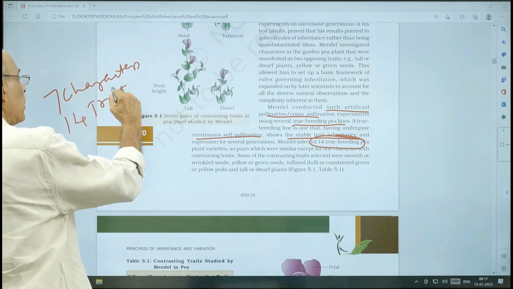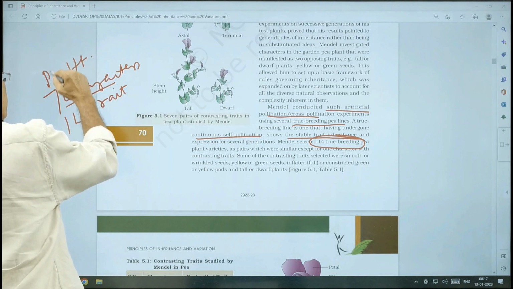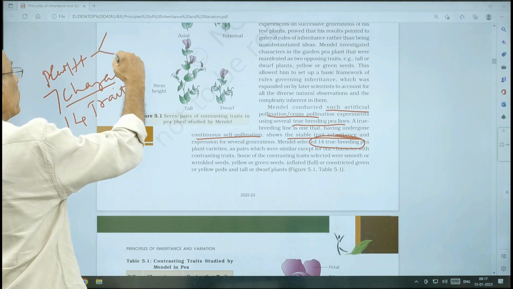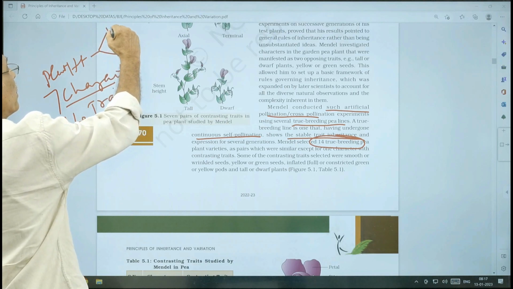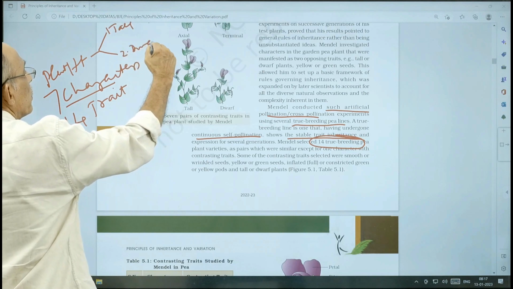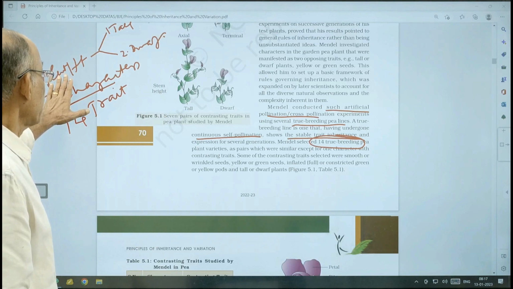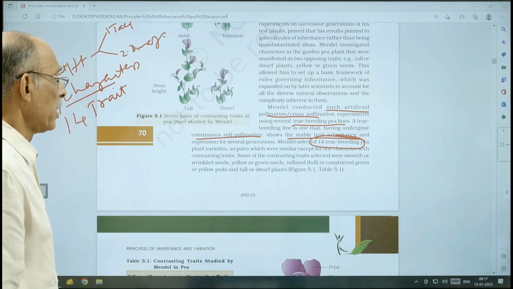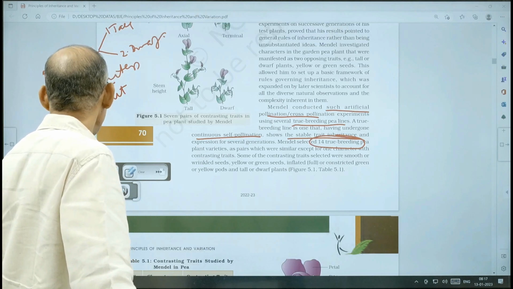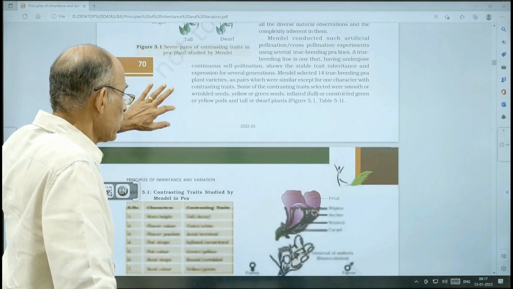For example, plant height is the character, and it has two traits: one is tall and another is dwarf. So like that, Mendel raised 14 such true breeding plants by continuous self-pollination.